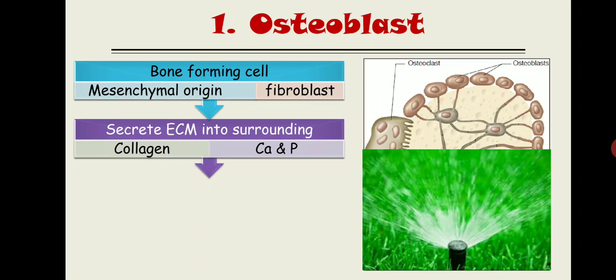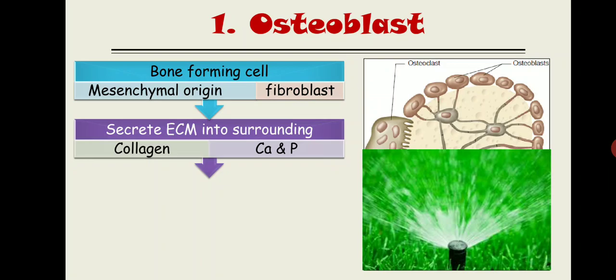Now here's the thing: once the calcium and phosphate become crystallized and get incorporated inside the collagen, it becomes fixed, and this water sprinkler will be entrapped inside the water that it is sprinkling.